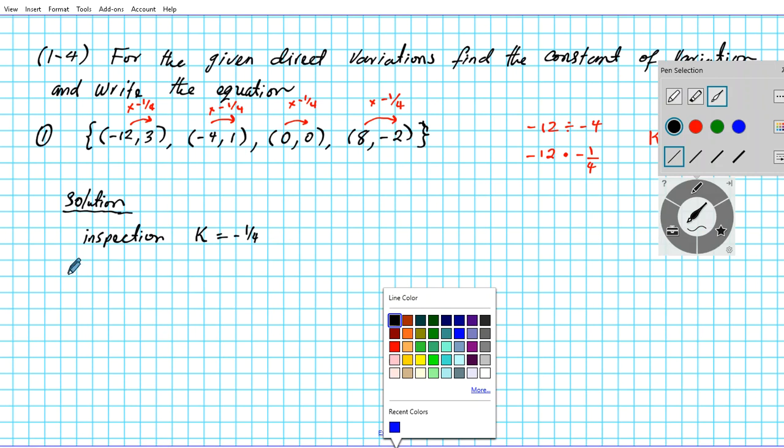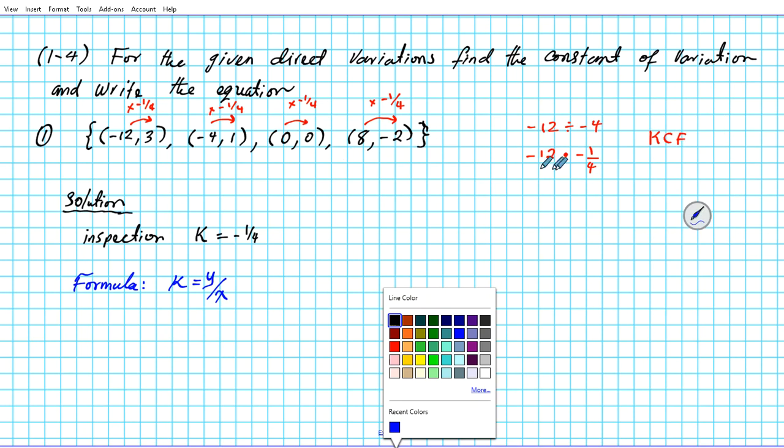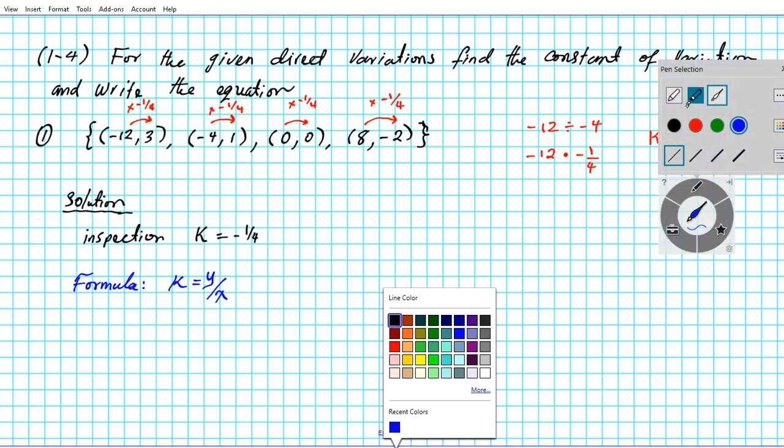All right, so now let's use a formula to figure this out to know for sure that this is in fact correct. So the formula for finding the constant of variation is k equals y over x. So you just pick any ordered pair and divide y by x, and that will give you the answer. Okay, so k, let's pick the first point, is going to be y, 3, over x, -12.